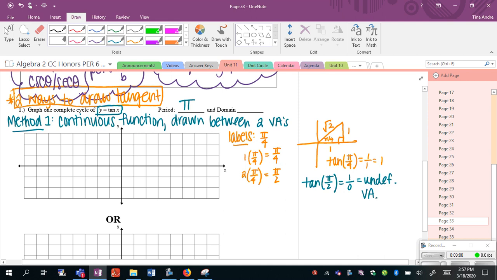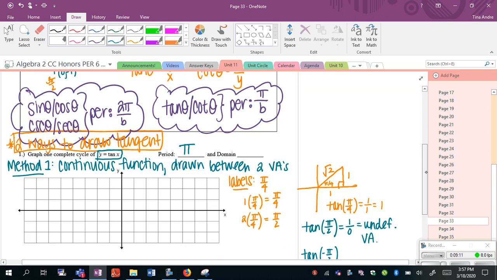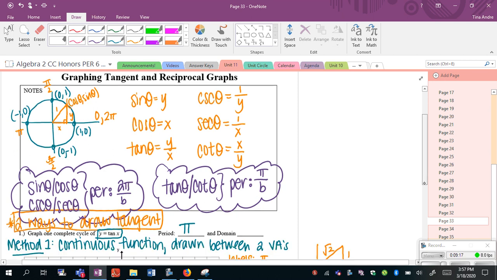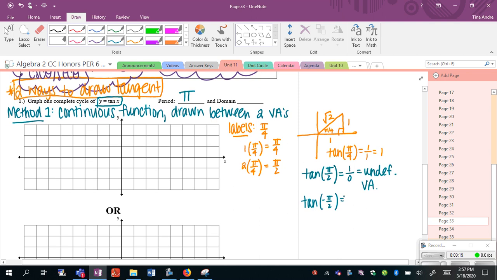So when I go ahead and draw this, if I want to draw between two vertical asymptotes, this also tells me that tan of negative pi over 2, so basically if you imagine up here, if we went to the left pi over 2 instead, it would be negative 1 divided by 0. Well, that means I'm also undefined, so that tells me my other vertical asymptote is at negative pi over 2.